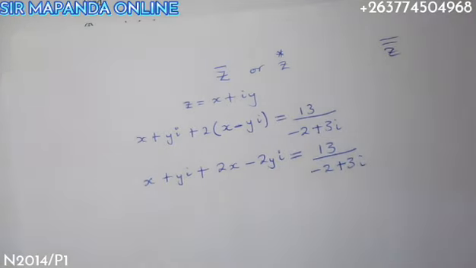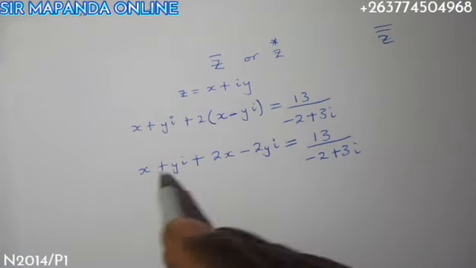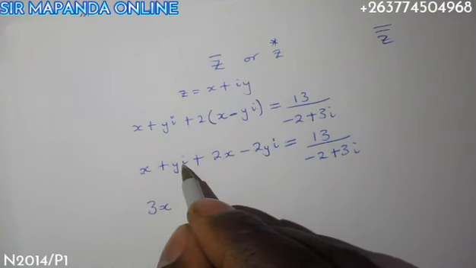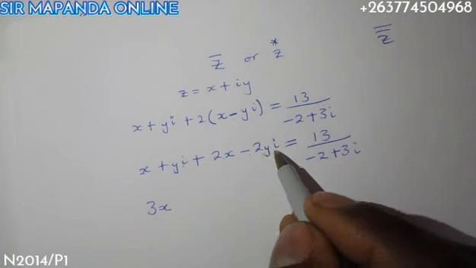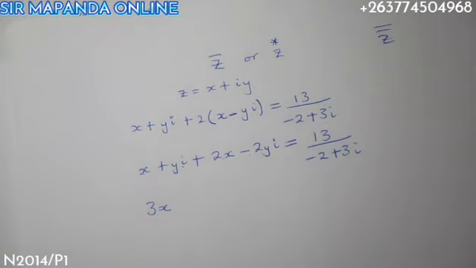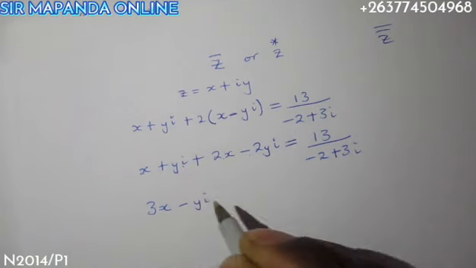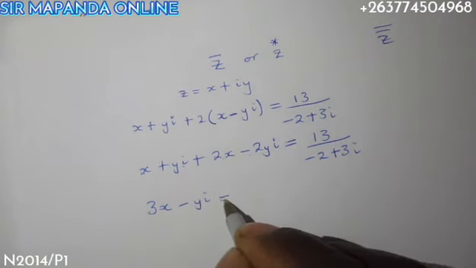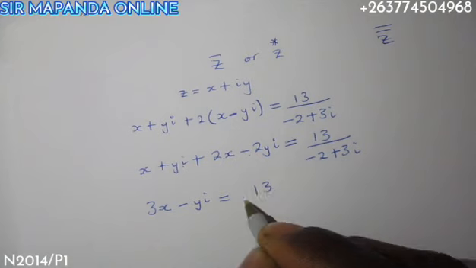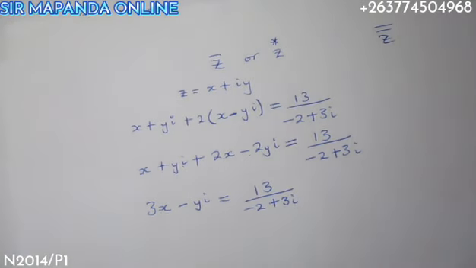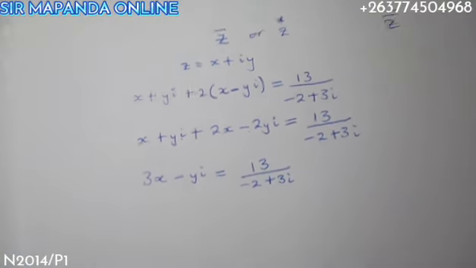Collecting like terms, x with 2x gives you 3x. Then yi minus 2yi, you are going to get minus 1yi, which is as good as minus yi, is equal to 13 over minus 2 plus 3i. I hope you are following.